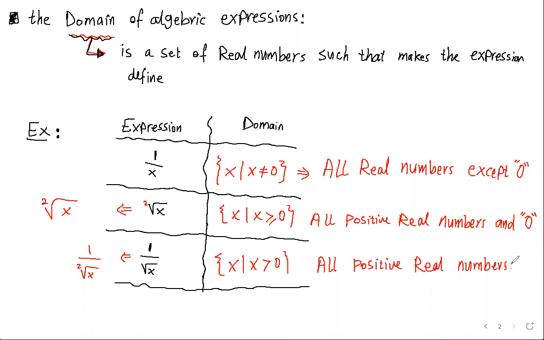So I gave you a simple expression right now. Now I'm going to give you another example that is a little bit harder. Same things. So now we know the general idea for domain: I ask myself, which number can I plug into this expression that makes the expression well defined?